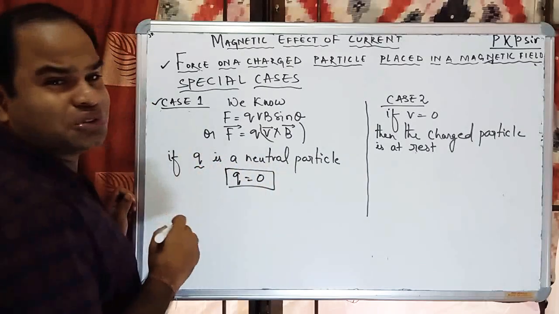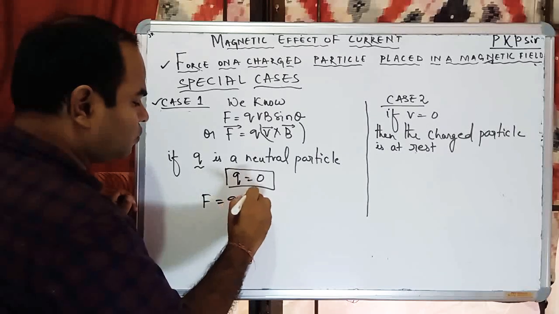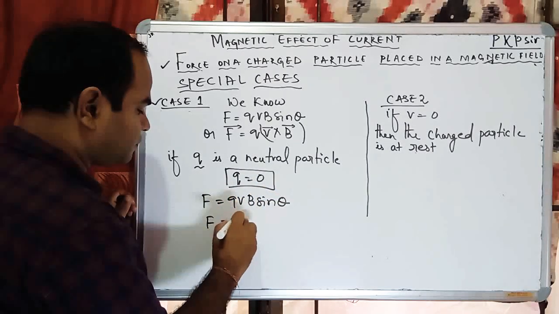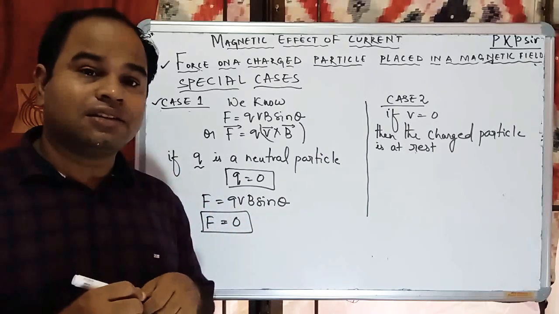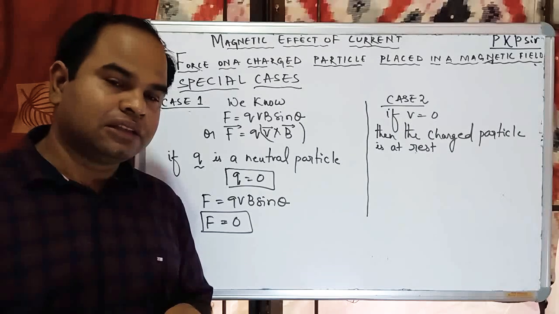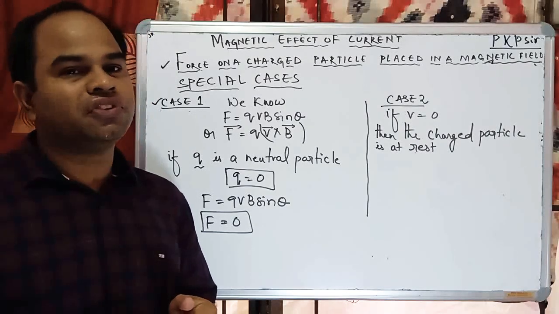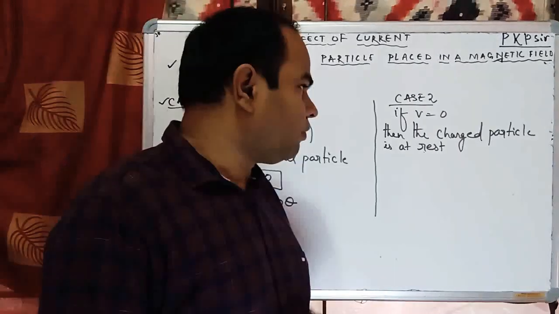If Q is equal to 0, then F is equal to QVB sin theta, that is equal to 0. That means if the particle is a neutral particle, then the force experienced by that particle, if it is moving with velocity v in a uniform magnetic field, is 0.